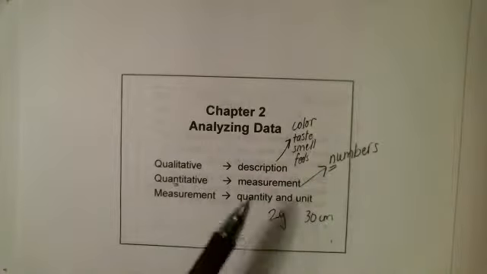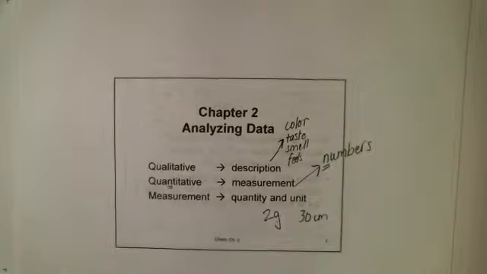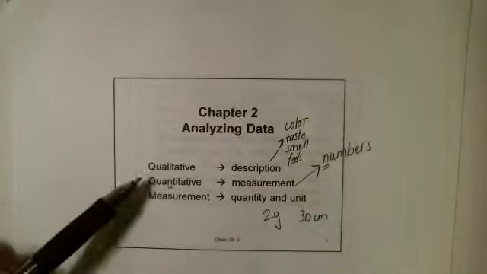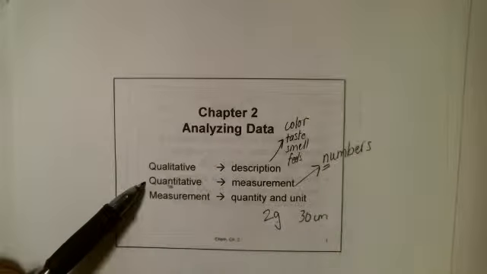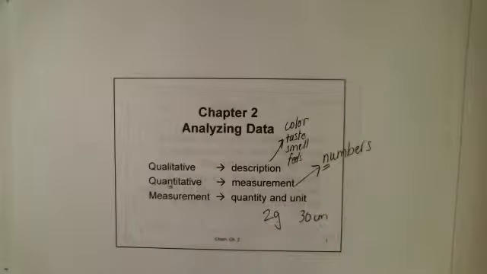First of all, we'll be talking about analyzing data. There isn't just one type of data. You actually get qualitative and quantitative data. Qualitative data is very descriptive. For example, the color, the taste, smell, or how something feels, that is all qualitative data.